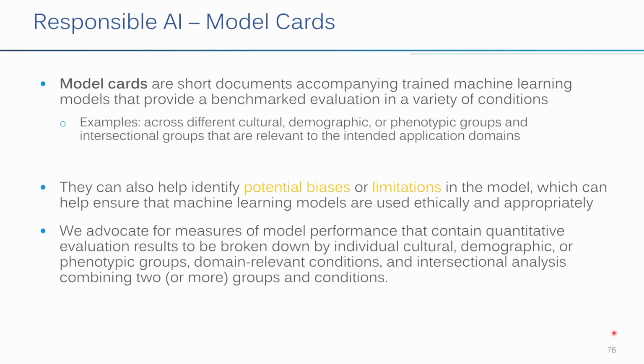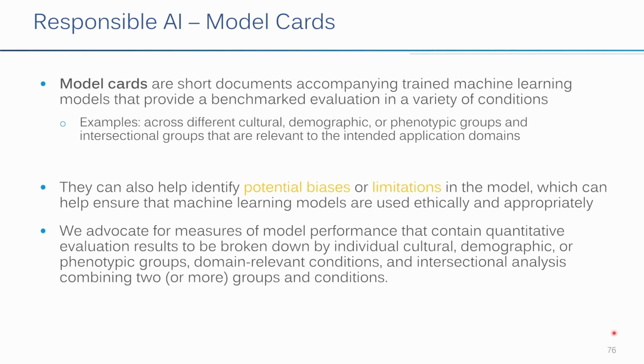So for example, let's say the model in an overall task is at 70%, but they do require you to look closely at subgroups of this data set and how this model would perform given certain characteristics. They can also help to identify potential bias or limitations in the model, which can help ensure that machine learning models are used ethically and appropriately.